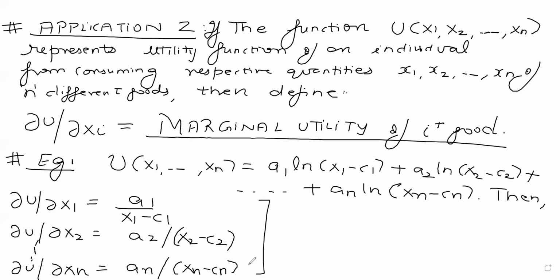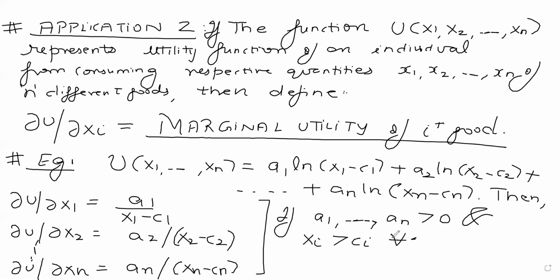Clearly, you can see that if a1 to an are all positive and all the xi's are greater than the corresponding ci's for all i going from 1 to n, that means all these denominators are positive.